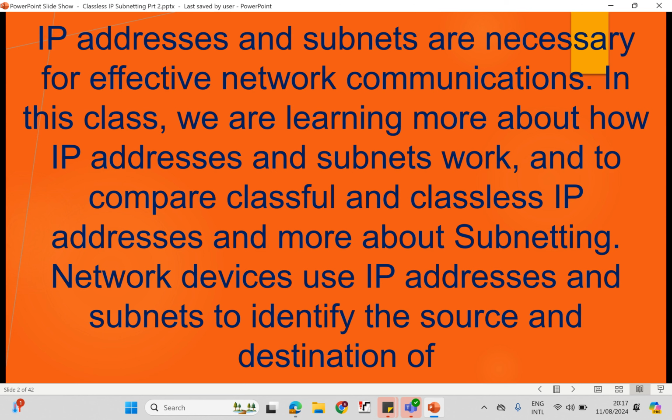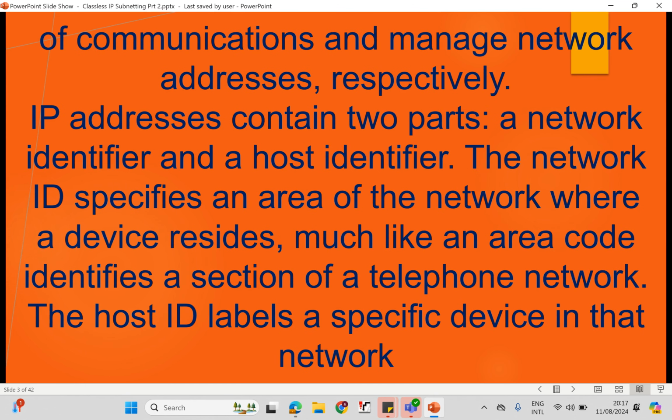Network devices use IP addresses and subnets to identify the source and the destination of communications and manage network addresses respectively. In the last class, we explained something very crucial about IP addresses containing two parts. We said it contains the network identifier and a host identifier.